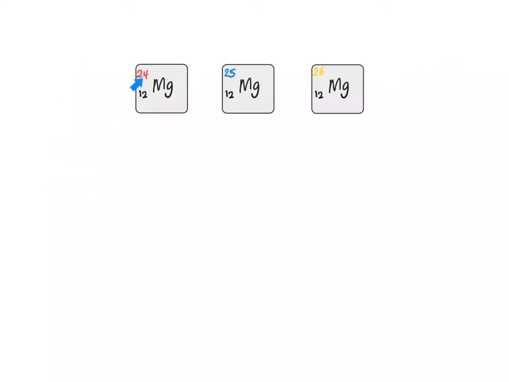So there's a similar case for magnesium. There's magnesium 24, there's magnesium 25, and there's magnesium 26. And on planet Earth, 79% of all magnesium is magnesium 24, 10% of all magnesium is magnesium 25, and 11% of all magnesium is magnesium 26.